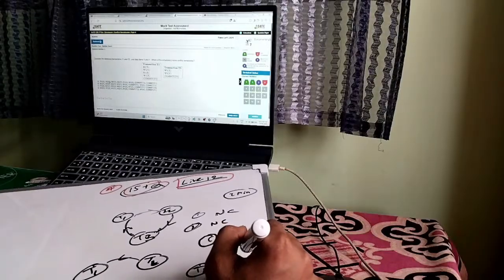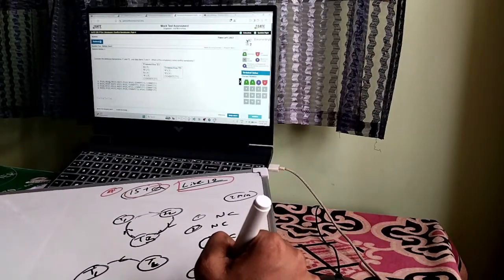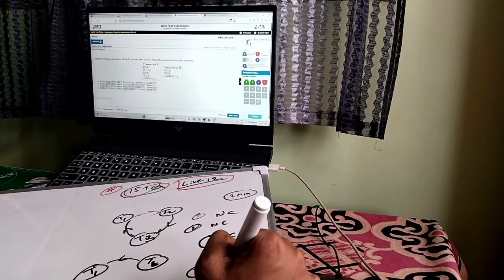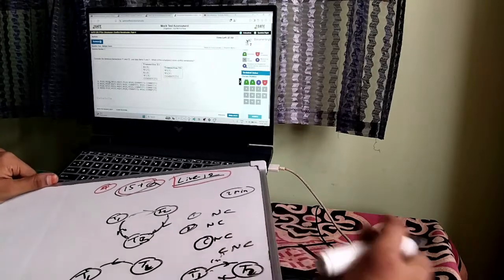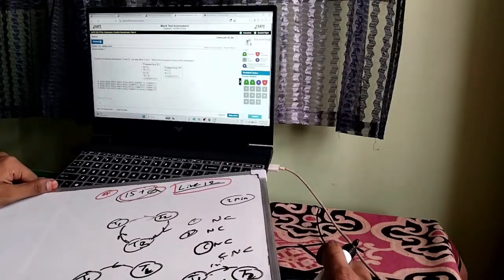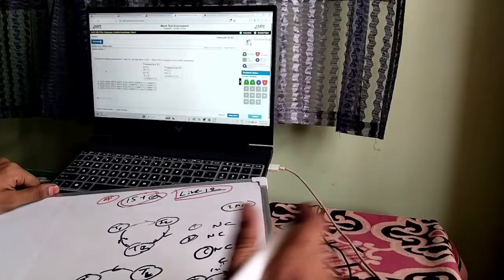Here there is a cycle. Cycle is present, it is conflict. Okay, cyclic, it is conflict.